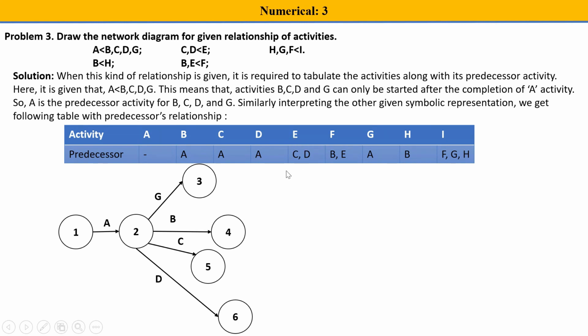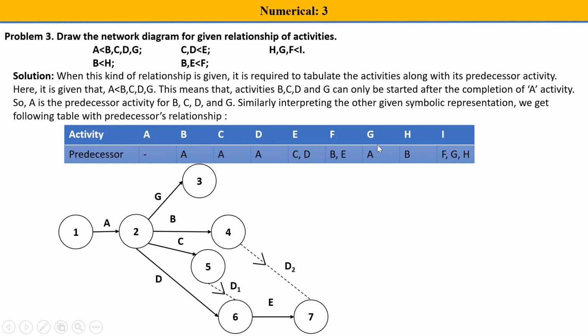Since E is coming from C and D, you have to put a dummy activity over here. F is coming from B and E. Where is E? E is going to come out from here. Now F is going to come from B and E, so we have to connect this with a dummy activity.